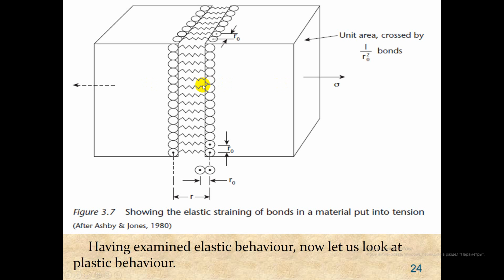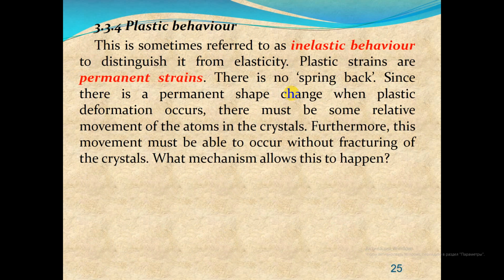Having examined elastic behavior, now let us look at plastic behavior. And what is plastic behavior? This is something sometimes referred to as inelastic behavior, to distinguish it from elasticity. Plastic strains are permanent strains. There is no spring back.